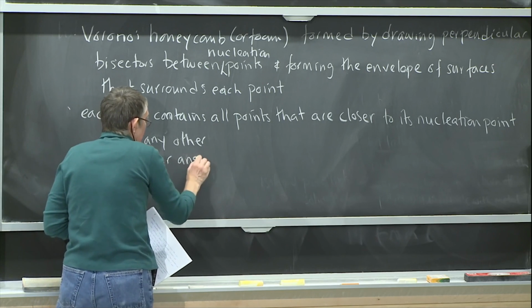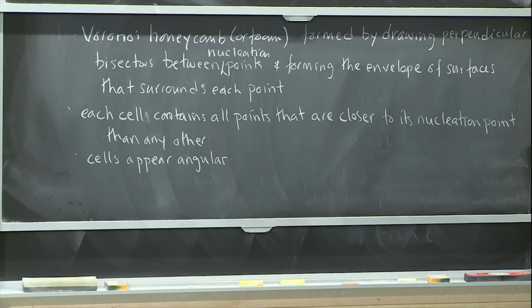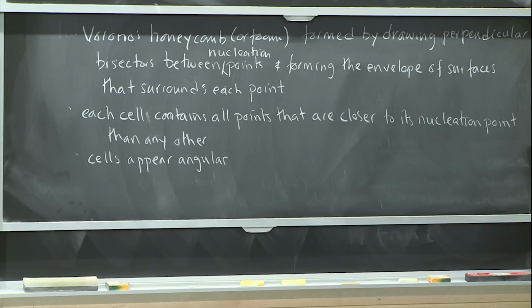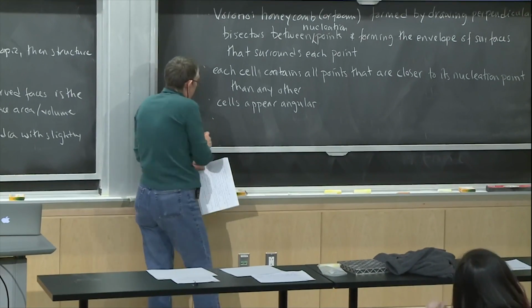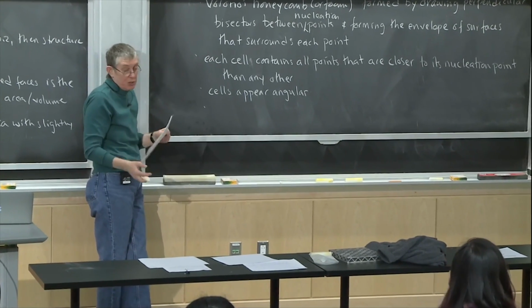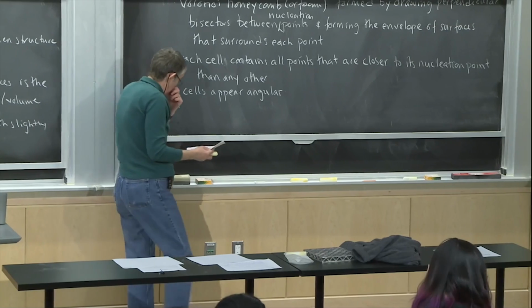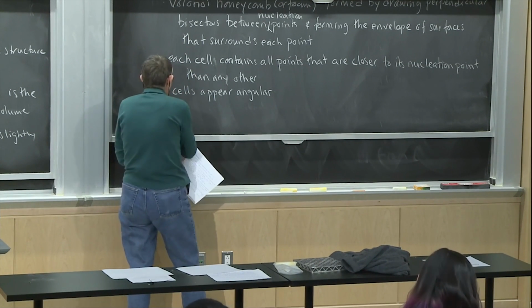And if we just do this process as I've described here, you end up with a Voronoi structure where the cells appear kind of angular. And if you specify an exclusion distance where you say the nucleation points can't be closer than a certain distance, then the cells become less angular and of more similar size.